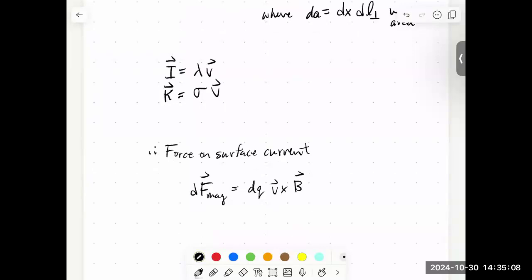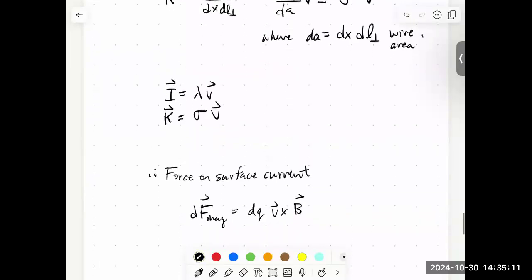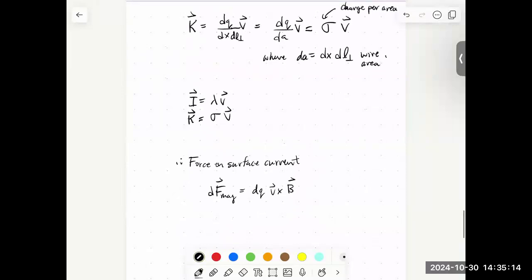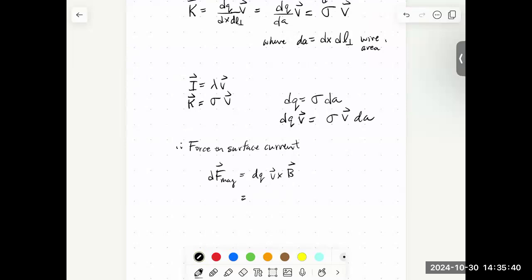All right, well, we know that dq is going to be sigma dA. So dq times v is going to be sigma v times dA. And so we could substitute that in. So dq v cross B is going to be sigma v cross B dA, like so.